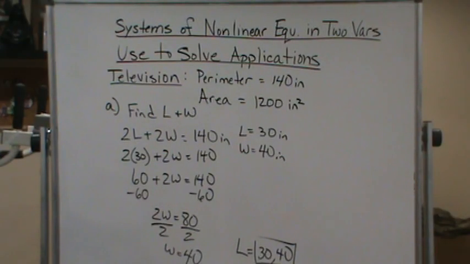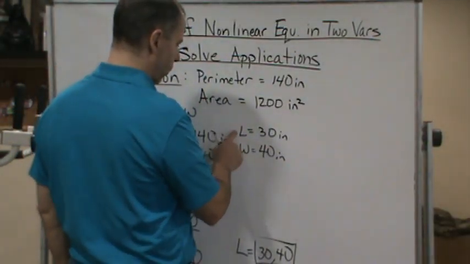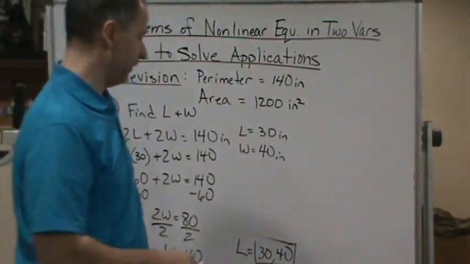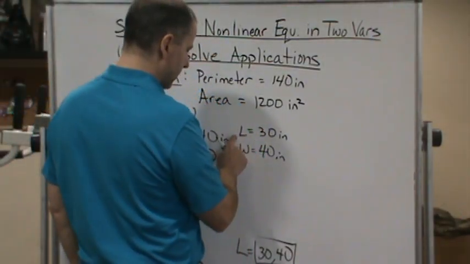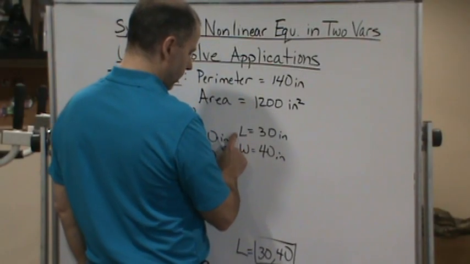That's part A. Now, part B says, what's the diagonal? Once we have the length and the width, the diagonal just becomes using the Pythagorean theorem, because these will be the legs of the triangle.